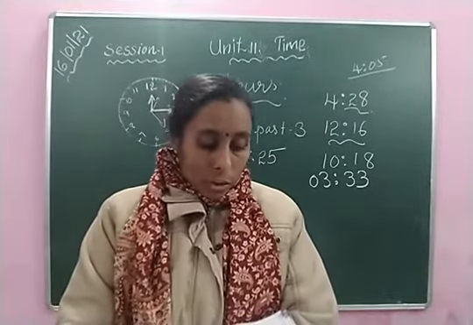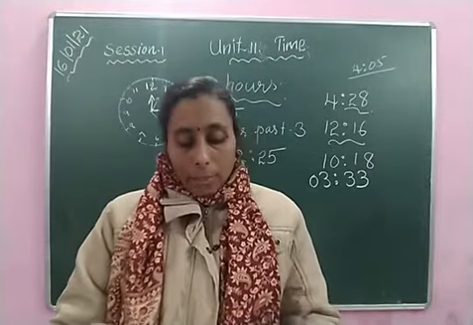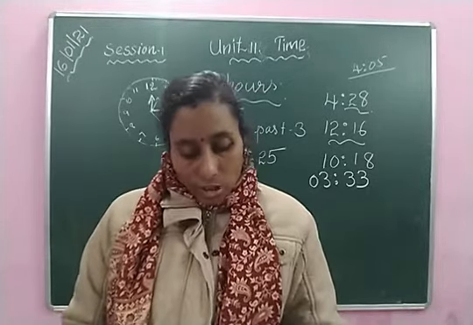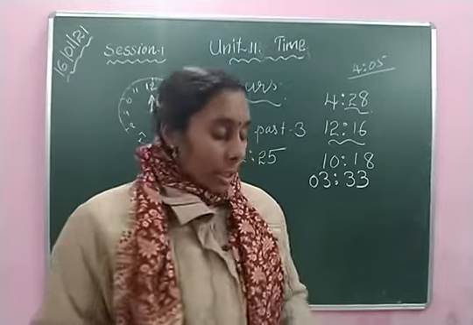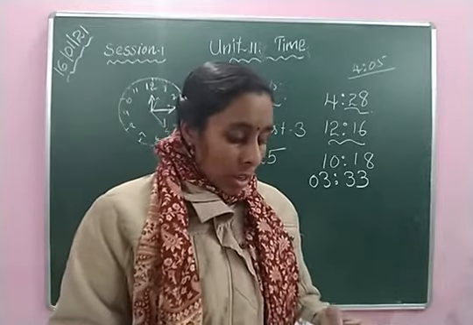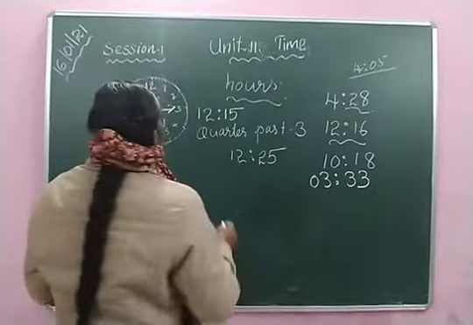Okay, the next one: show the times mentioned below each analog clock. 7:26. How can we draw 7:26?